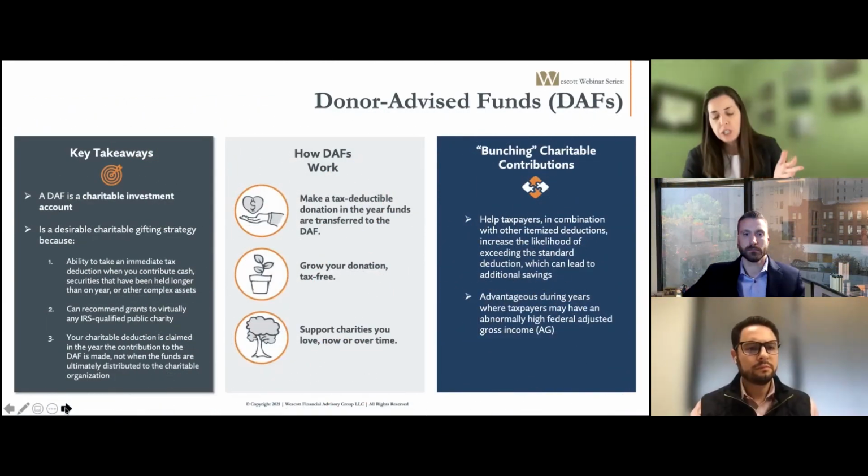So, for instance, say someone typically gives $50,000 every year to a specific charity. Maybe they'll front end about 5 years of that gift and give $250,000 in a single year as a way of increasing their itemized deductions to somewhat offset that higher AGI.